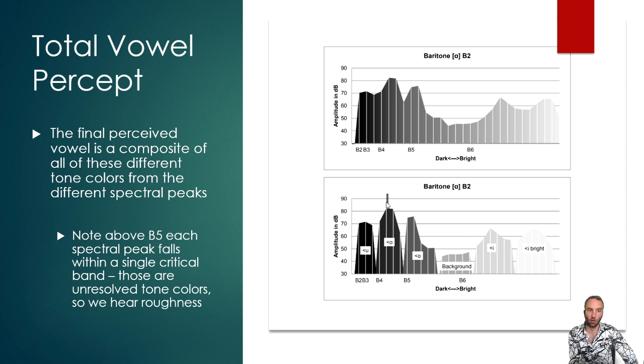Okay, so all of the harmonics above this arrow are unresolved and rough. Whereas later on you'll see that that arrow moves. So essentially we can call this section oo because all of those harmonics resolve into an oo sound. This one is an o sound, and that's what ends up dominating in the middle. And this one is an ah sound, and then we get very rough and unresolved over here.